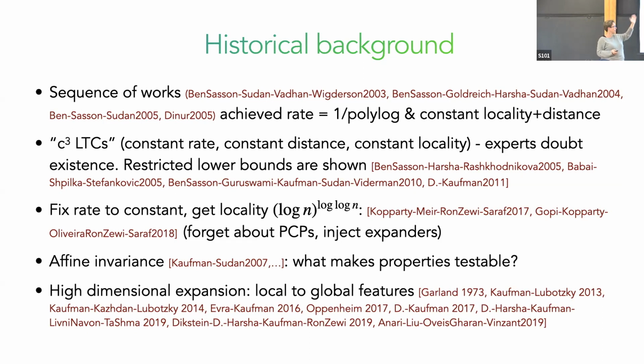It's like a special case of property testing. Property testing is the same as with codes, but you want to test other properties, not that you are close to a code, but that you are close to a bipartite graph, or a monotone sequence, or things of this type, just by randomly sampling a small piece of the input.